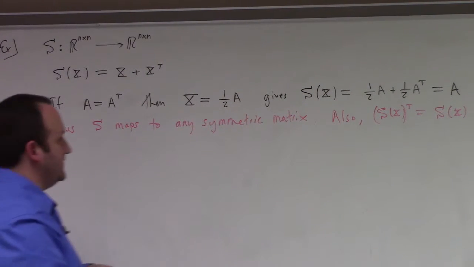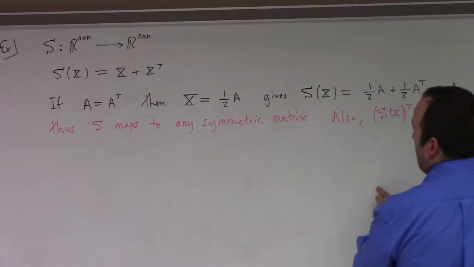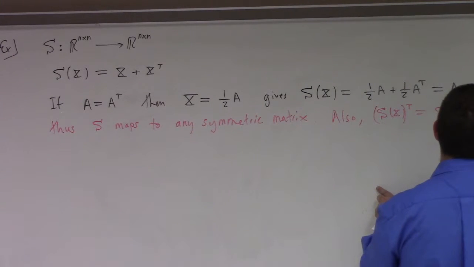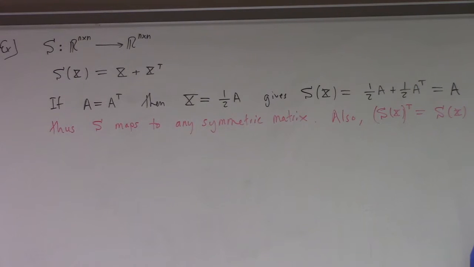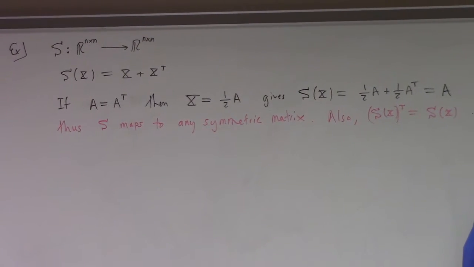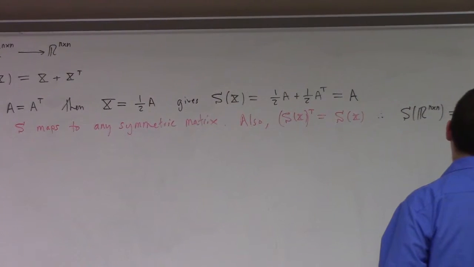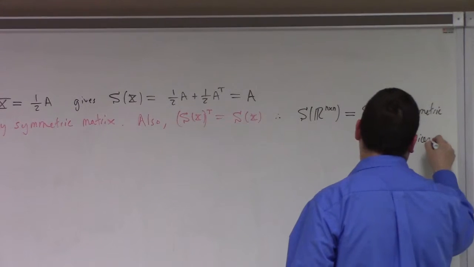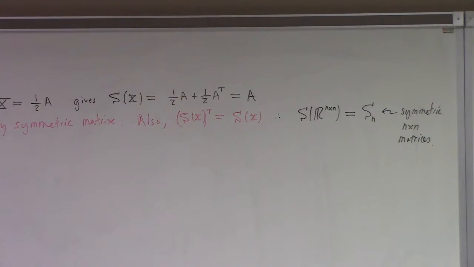In fact, we have that the range of S, the image of S, or in other words S of R^(n by n), is equal to the symmetric n by n matrices. Would you guys agree? The image of this map is the symmetric n by n matrices.